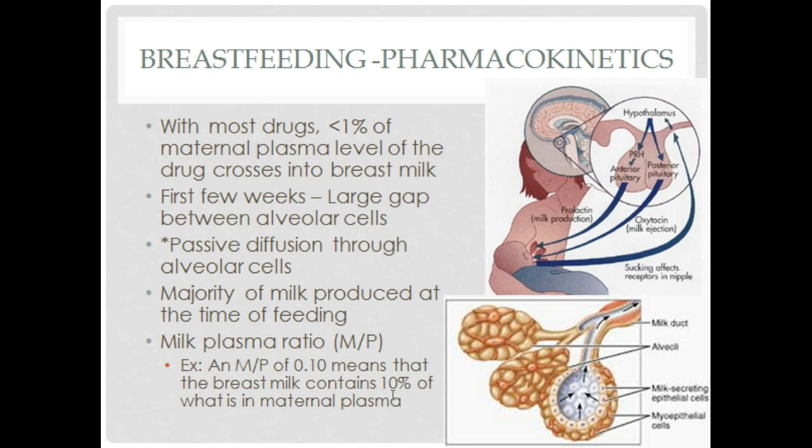So it doesn't speak to safety, but it is still a helpful concept to understand. For example, say it is unsafe, and even though it's in a low amount, that could be concerning if the drug clearance is really slow in the neonate, or the half-life is unusually long. Then that can potentially be a greater issue if you've got a higher milk plasma ratio.